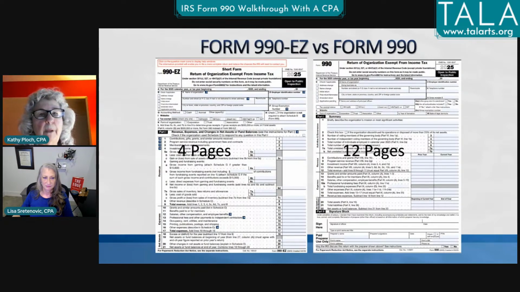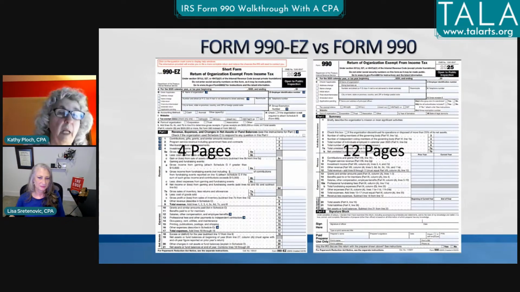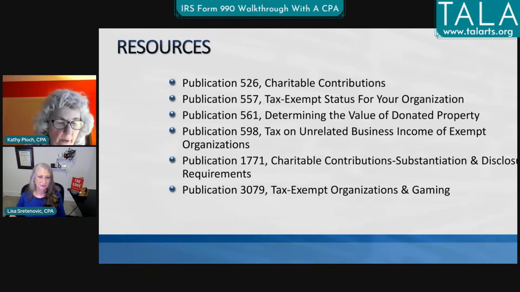But the purpose of that is that if you have some of these policies, for example, document retention policy, gift acceptance policy, then they feel like you're a better, more well-run organization, and that you should be sustainable, hopefully through the years.